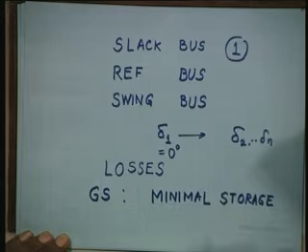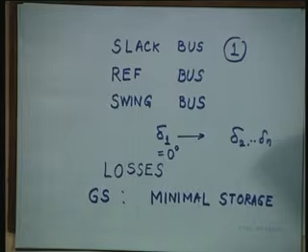Why minimal storage? There is no complicated equation, there are no matrices, it is just a plain equation. V_i^(k+1) equals 1 upon Y_ii times (P_i minus jQ_i upon V_i conjugate, minus sigma Y_ij V_j), using up to the (i-1)th bus the latest values, and after that the values from one iteration earlier, because we have not computed them for this particular iteration.